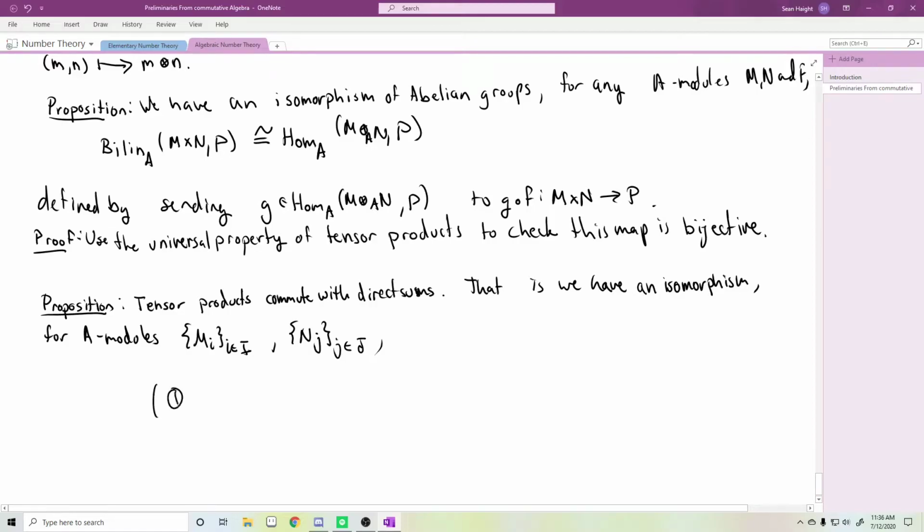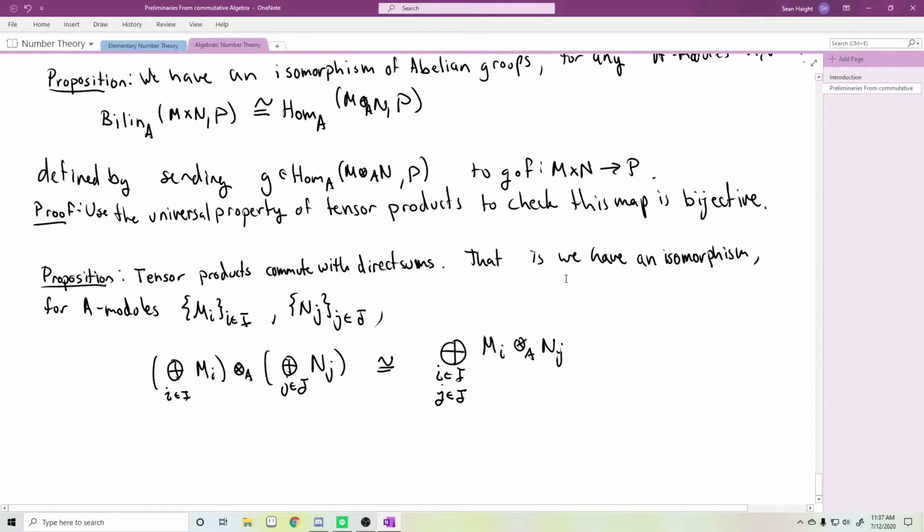If I take the tensor product of these two direct sums over A, then this is isomorphic to a single big direct sum over i and j of M_i tensor over A N_j. It's a neat thing.